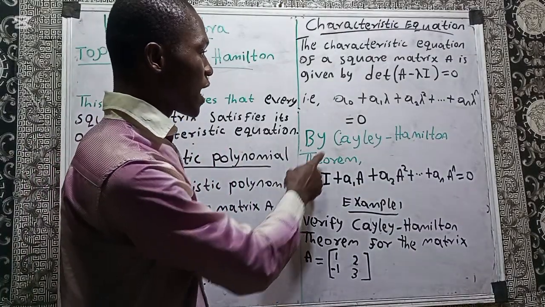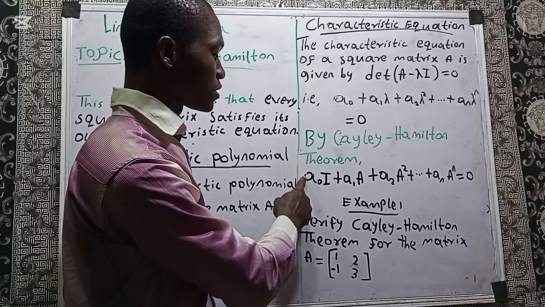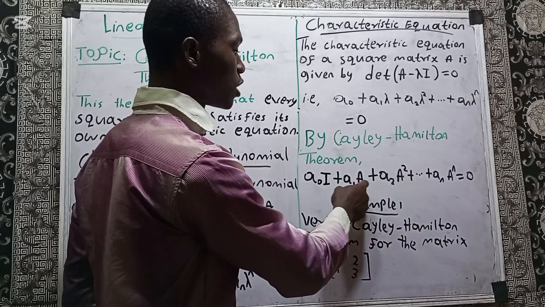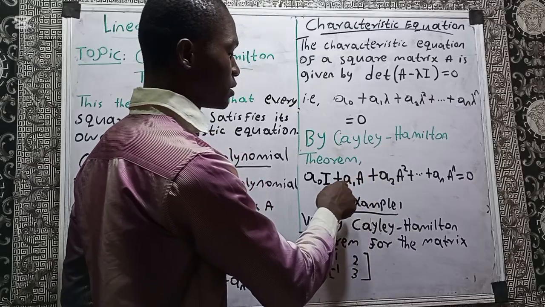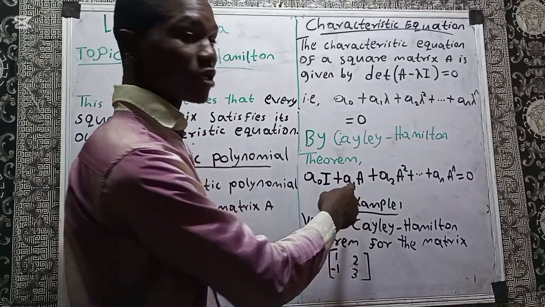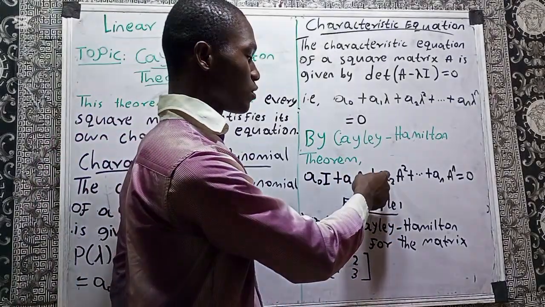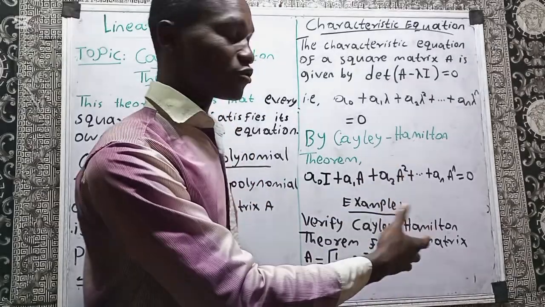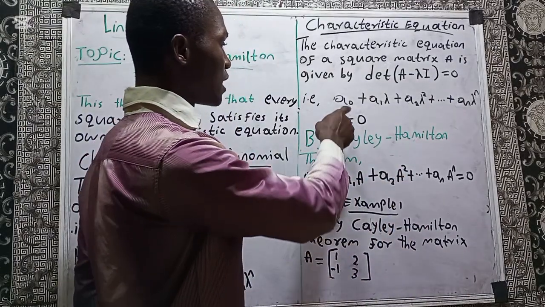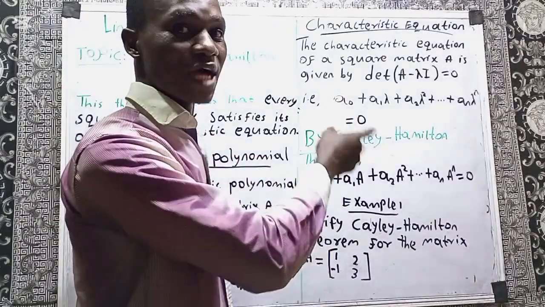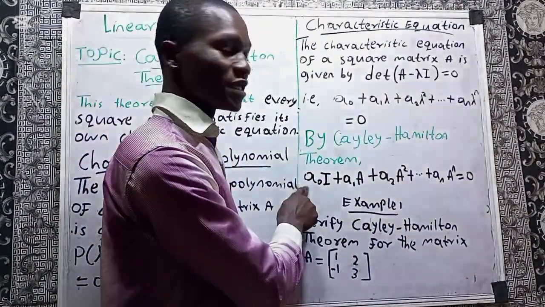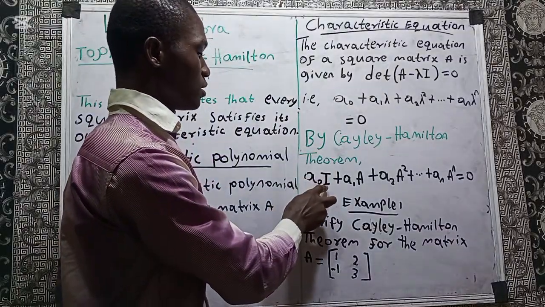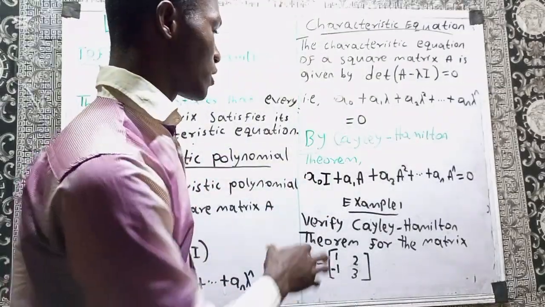You cannot add a constant alone to these terms, because the other terms are matrices. A constant times a matrix gives you another matrix, so a sub 2 times the matrix A squared gives another matrix. You can't add a matrix and a constant, so we multiply the constant by the identity matrix so that you can add it.